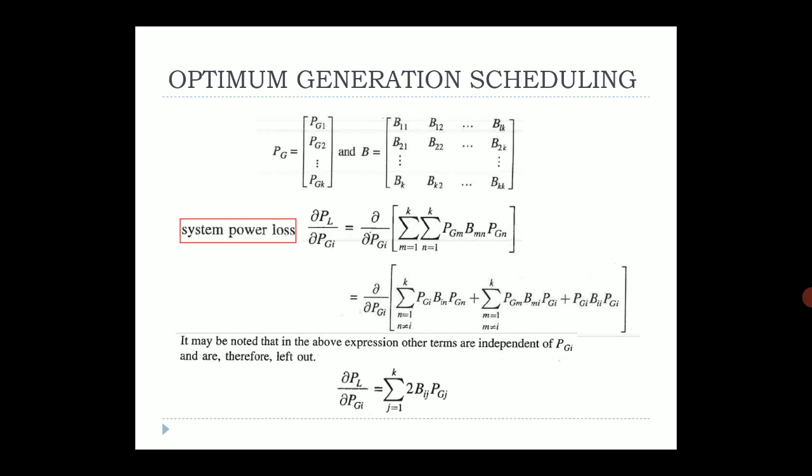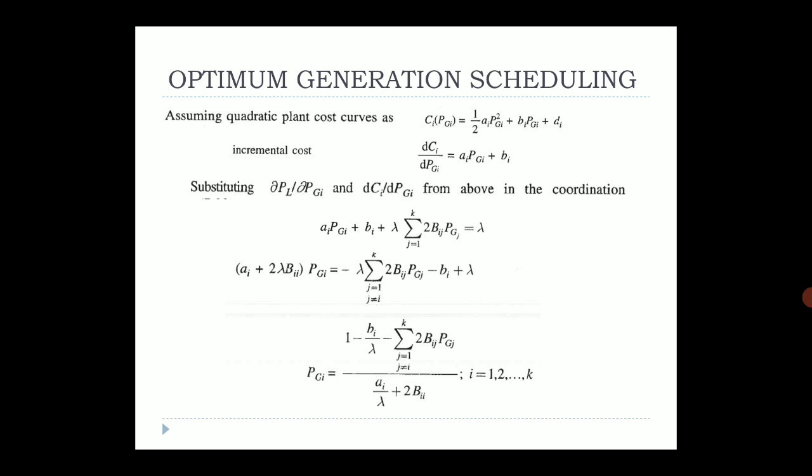It may be noted that in the above expression, the other terms independent of PGI will be 0 when we differentiate, and at the end we will have dPL by dPGI is nothing but summation of 2 Bij into PGJ. What is PGJ? All the buses other than PI.